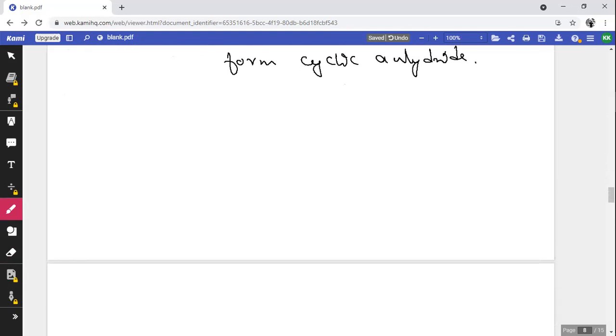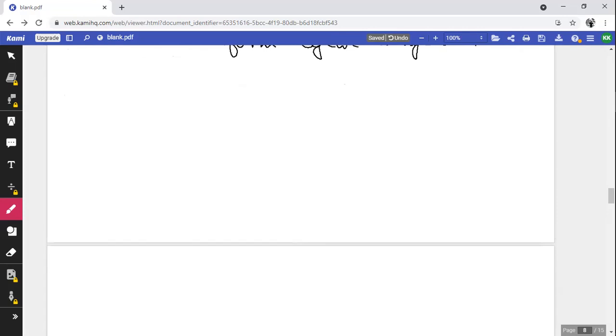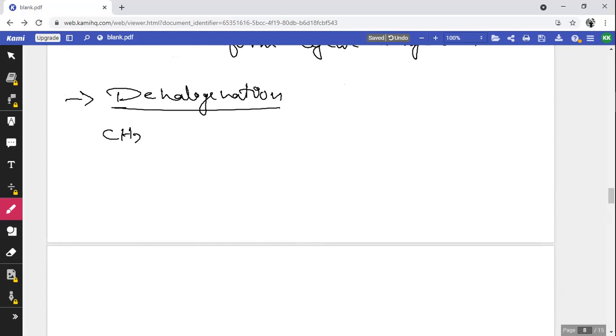Then the next chemical property is dehalogenation. What is meant by dehalogenation? It's removal of halogen groups. Like consider CH2Br CH2Br, that is vicinal dihalide.